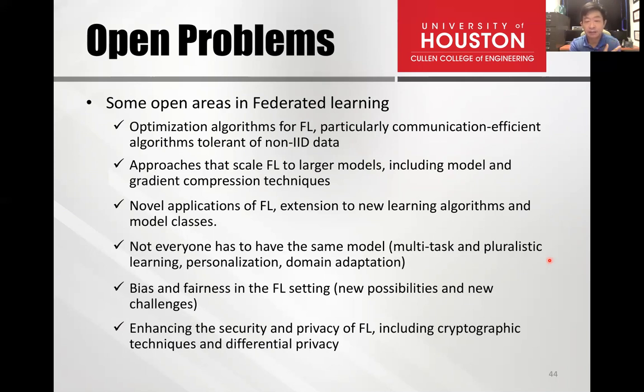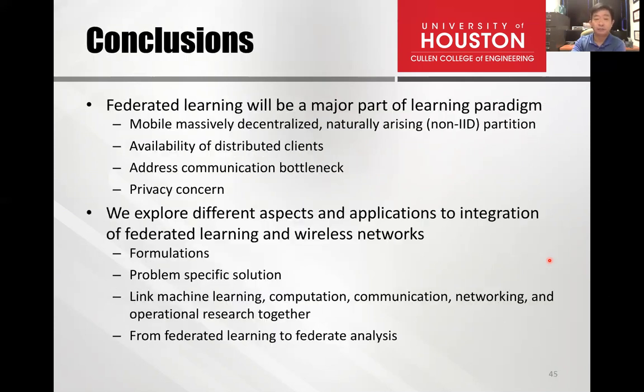Not everybody has the same model; you train one way, I train another way. Then bias and fairness in federated learning, which is very important, and the National Science Foundation has put a lot of effort into fairness in machine learning, and enhancing the security and privacy of federated learning.